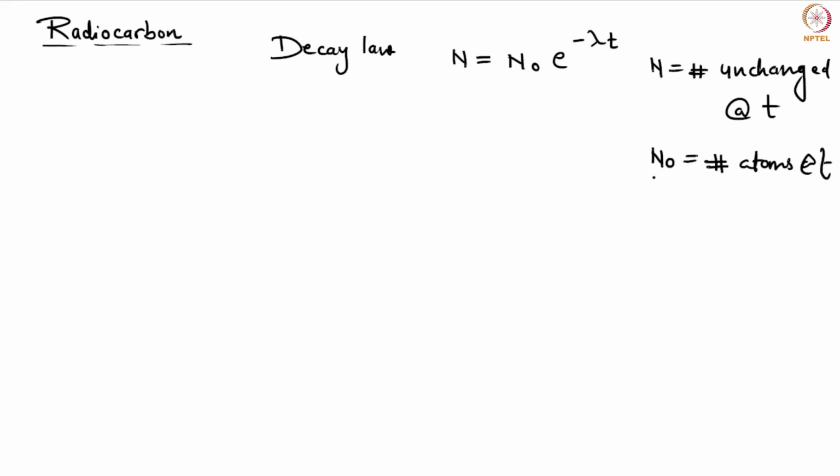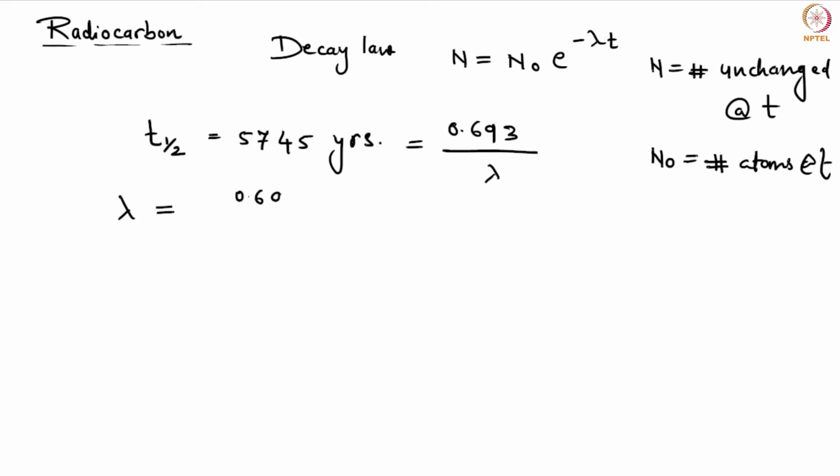Okay, so first of all, let's go back to our simple solution, t half, because we have the value of t half given here. That is 5745 years. So t half basically equals 0.693 by lambda, that you already know. So we can find the value of lambda from here: 0.693 divided by 5745.